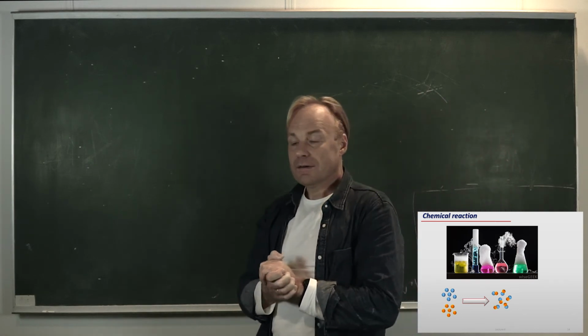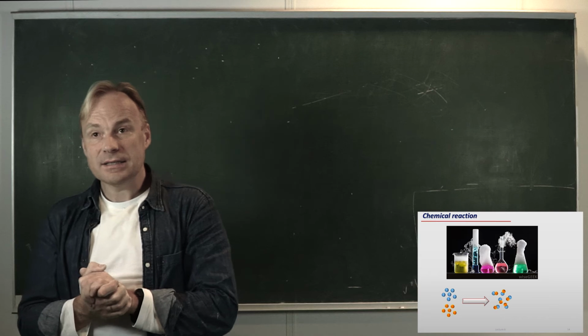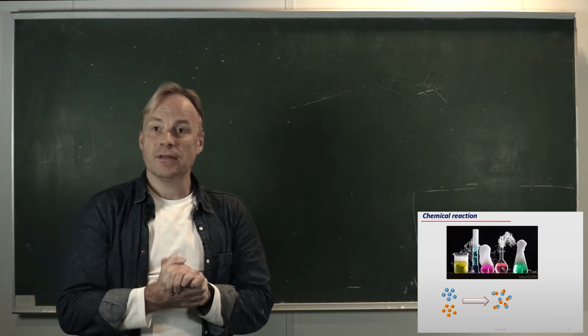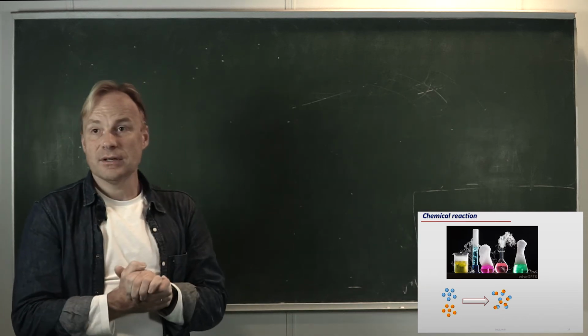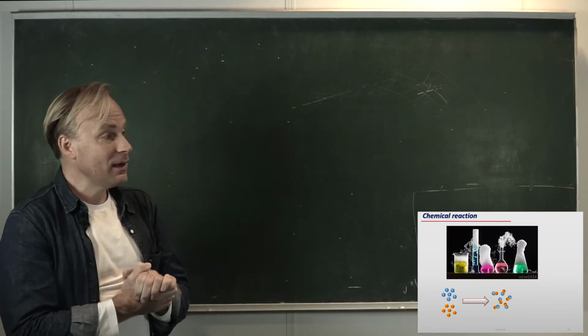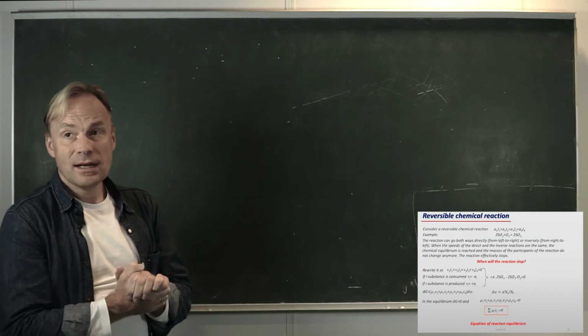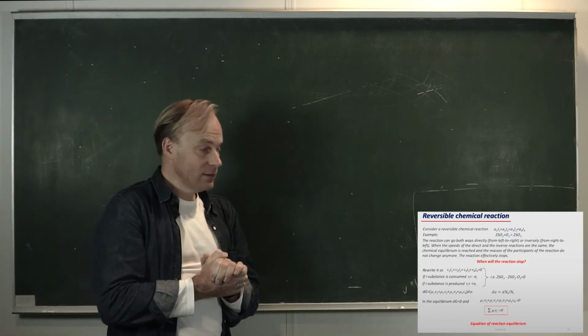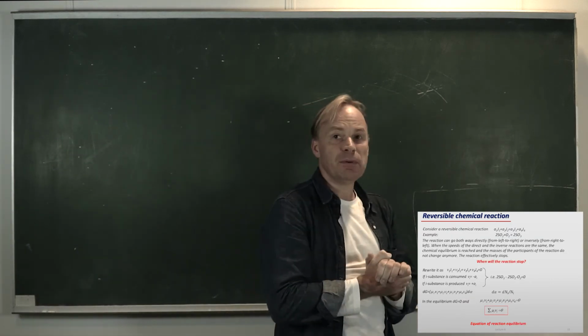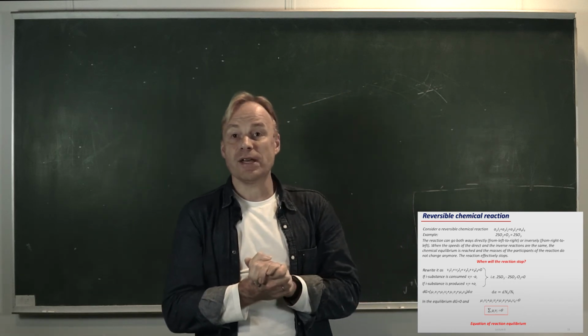I will go through these slides without showing derivations on the blackboard, because these are very simple derivations but rather lengthy ones. And in order to discuss this, I take an example of a so-called reversible chemical reaction.